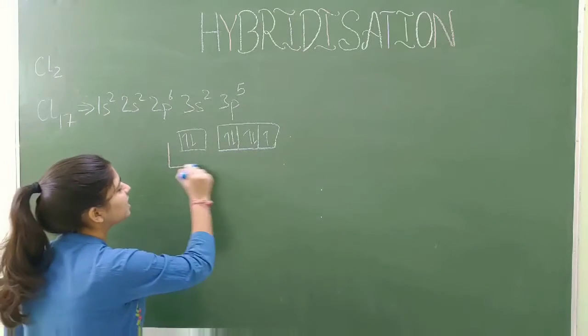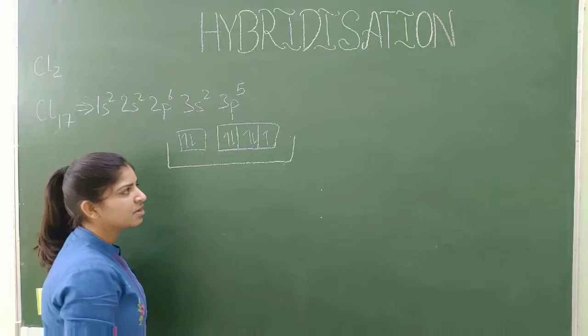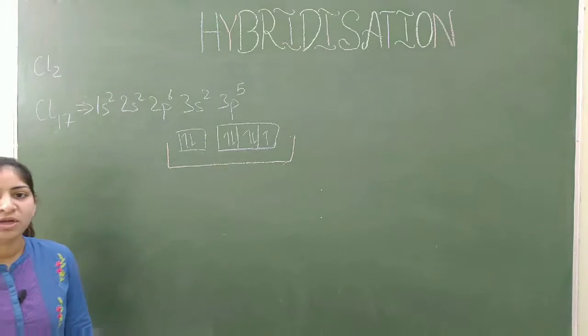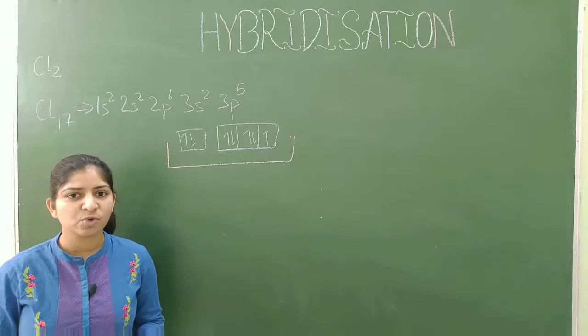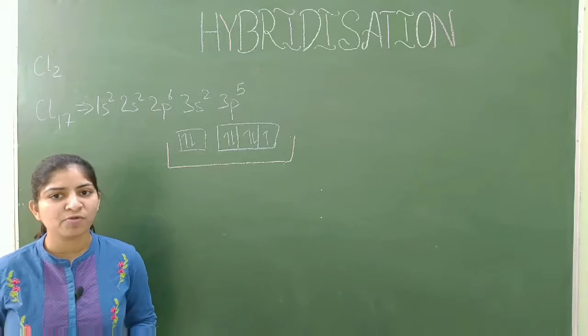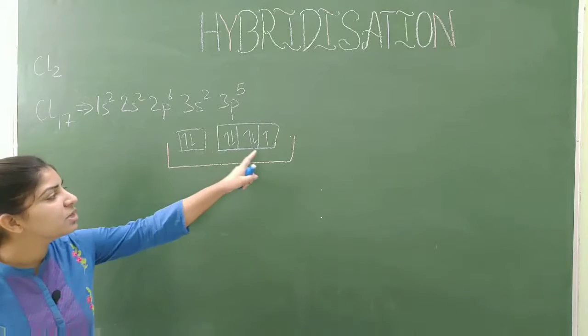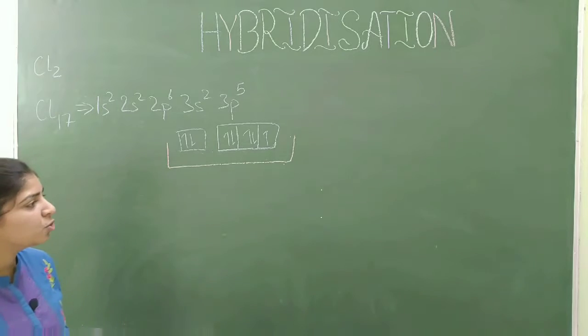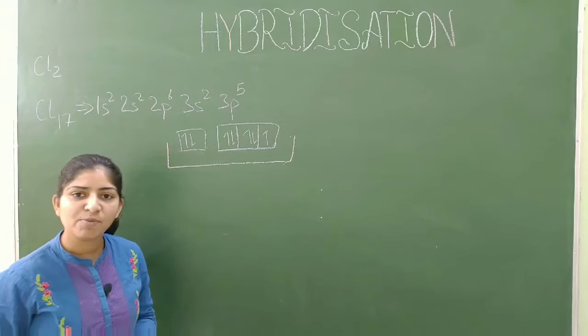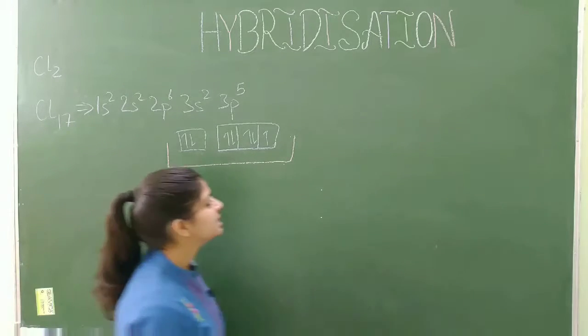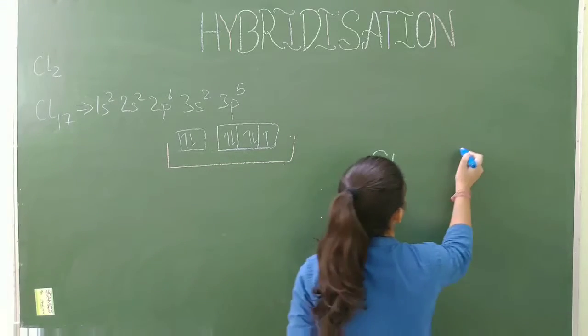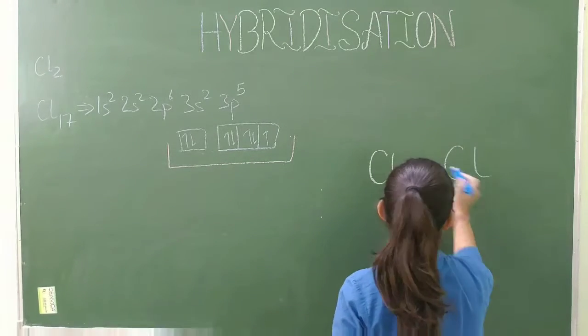So we will consider only these electrons, and according to valence bond theory, total number of unpaired electrons will be equal to total number of bonds formed. So there is only one unpaired electron present in chlorine, so total number of bonds formed in Cl2 is 1.